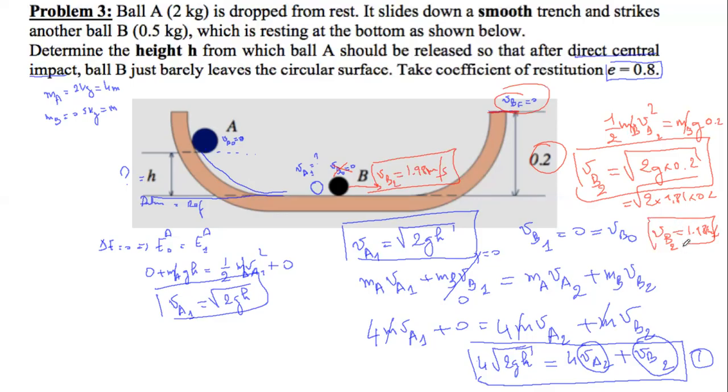Okay, so I will come here and then I will plug it here. So this equation will become 4 times square root of 2GH is equal to 4 times VA2 plus, let's say, square root of 2G times 0.2.